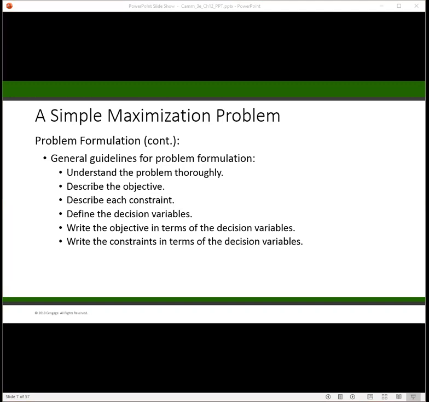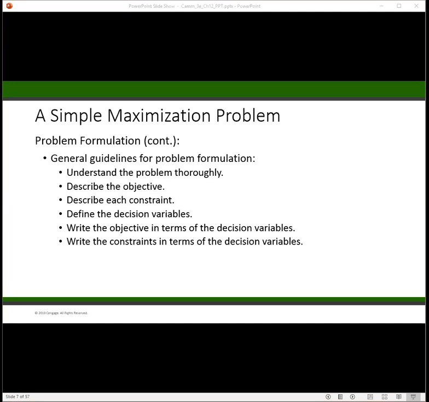And the general guidelines are to understand the problem completely, describe our objective. In this case, it's to maximize profit. Describe our constraints. We only have a certain number of labor hours available for cutting and dyeing, for finishing, for packaging, and so on. So those are our constraints.